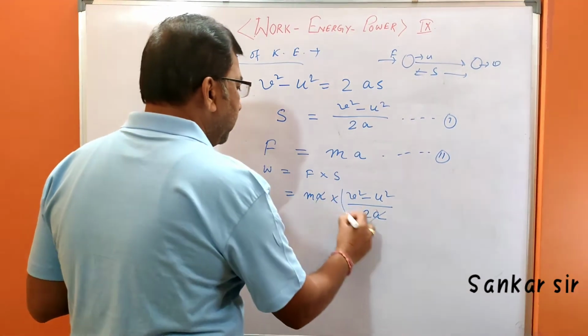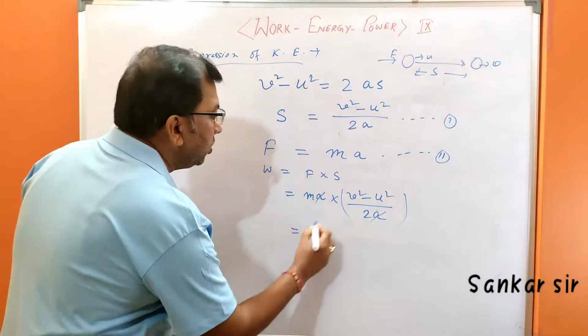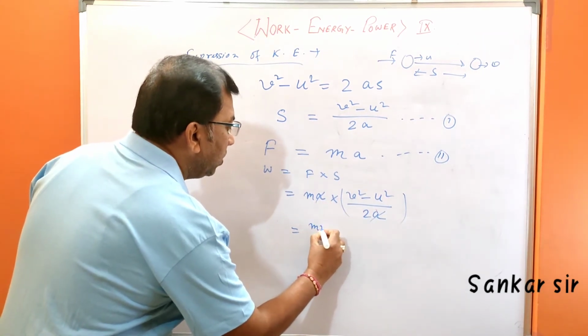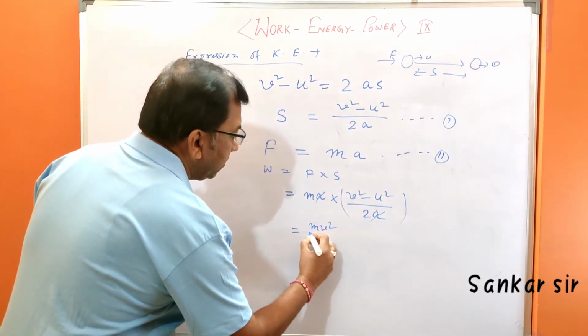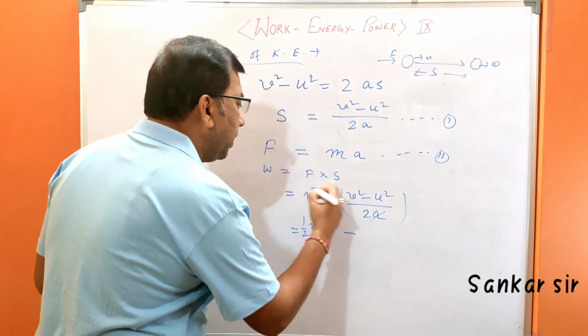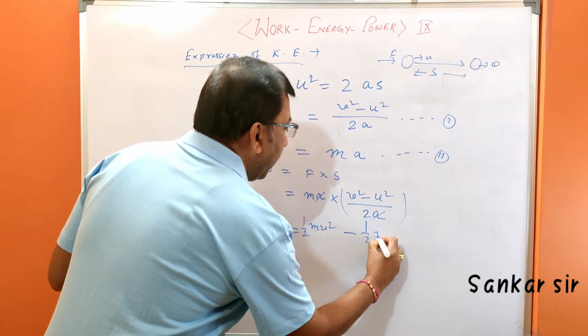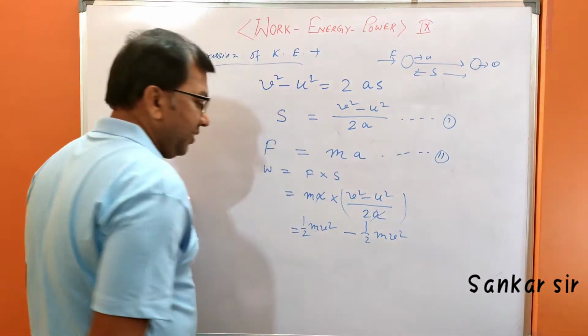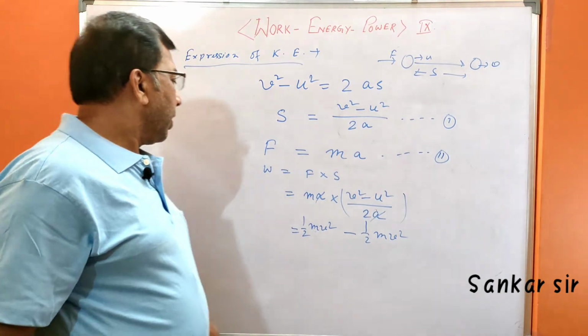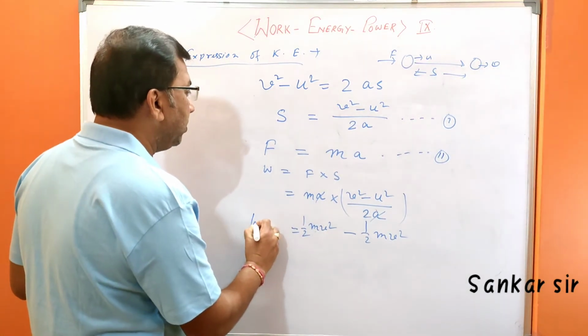Okay, that means what will this be? Half mv square minus half m u square. Clear? So this is the work done.